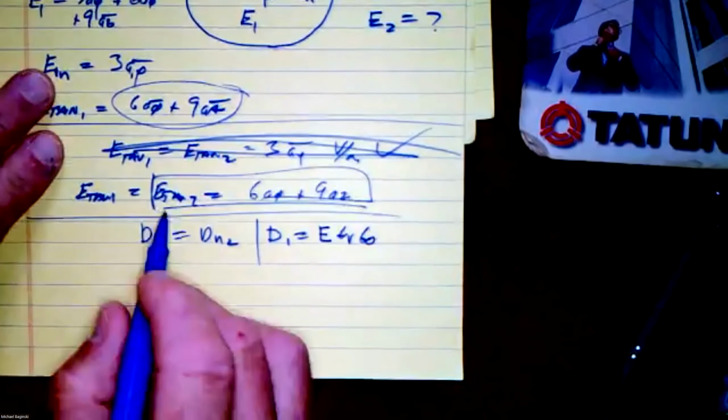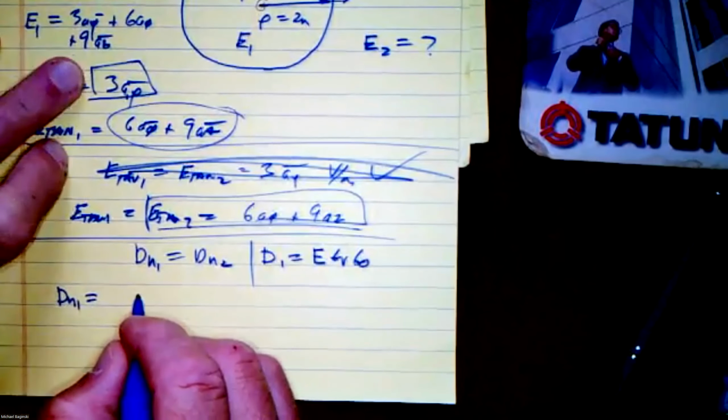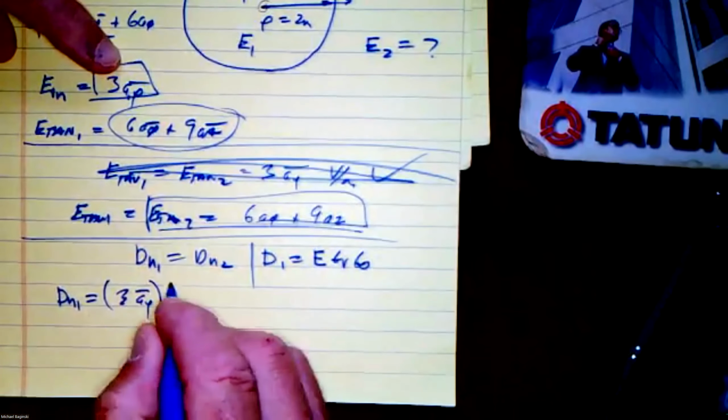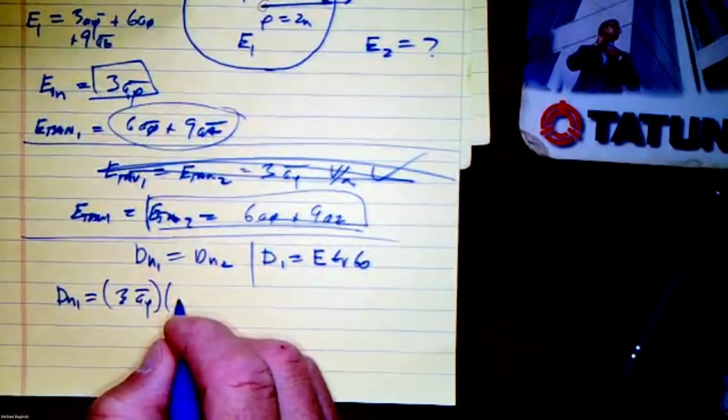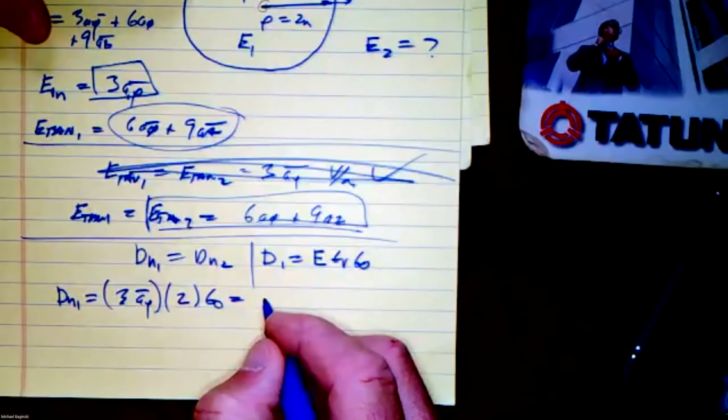The E field normal in region 1 is 3a rho, and I have to multiply it by epsilon relative in region 1, which is 2, times epsilon naught. That equals the D normal field in region 2, which we don't know.